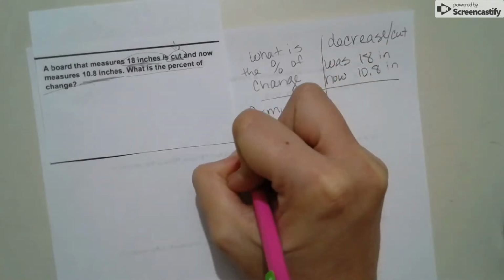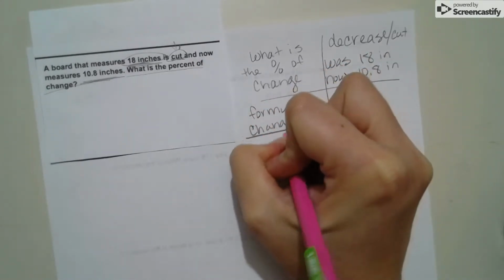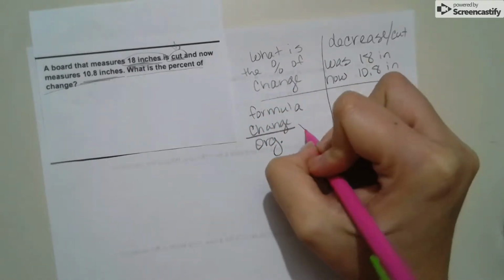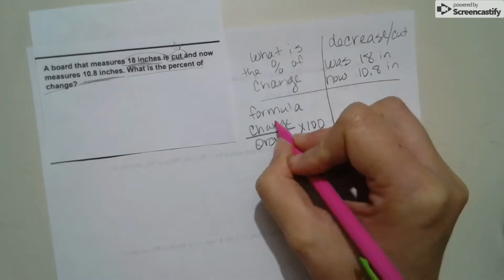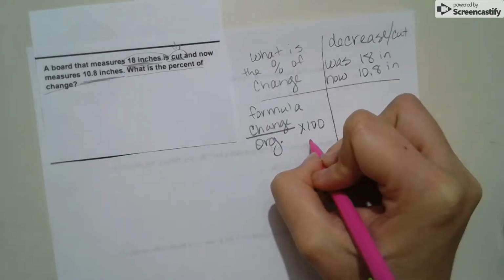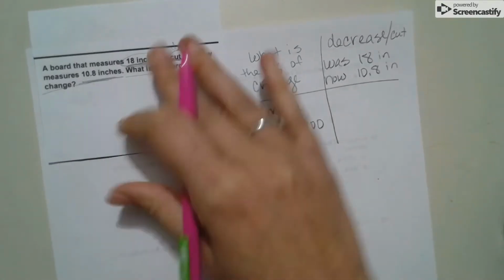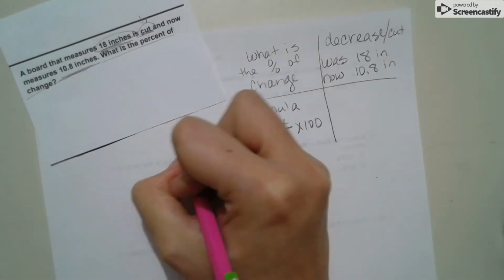And that formula is the amount of change divided by the original amount, and then times 100, which really just means to put it in a percent, because it's going to give you a decimal. Then you have to multiply by 100 to get a percent. And this will equal the percent of change.